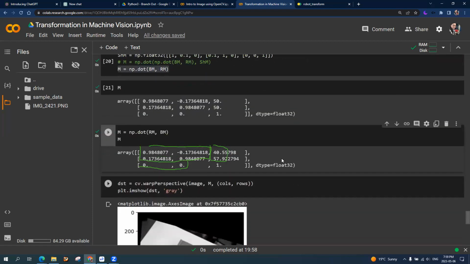Okay, there. So you see our translation is no longer 50 and 50, it's off. It's off by an odd number that's kind of unpredictable, right? So that's why we need to strictly follow the order of sequence when you do multiple transformations.